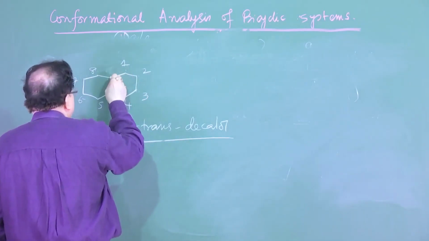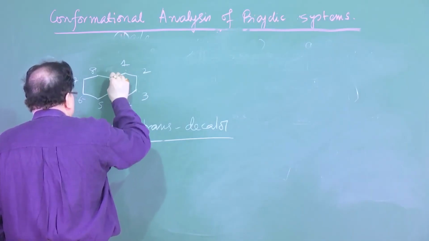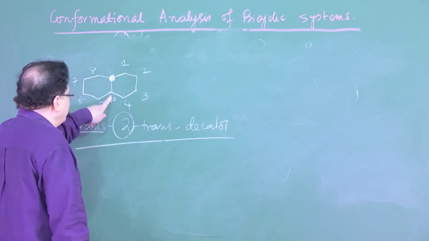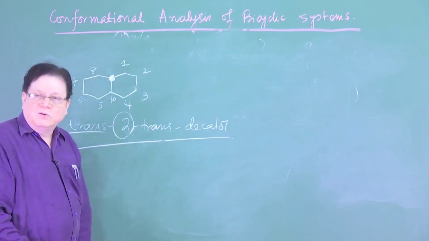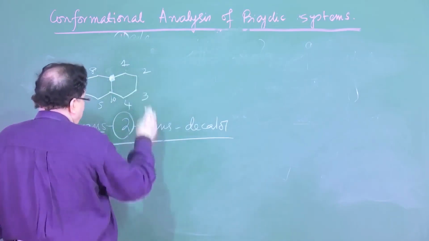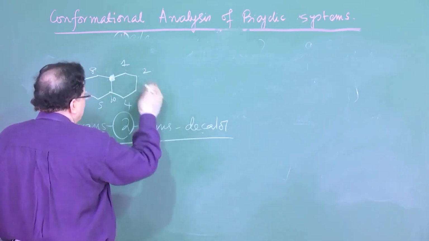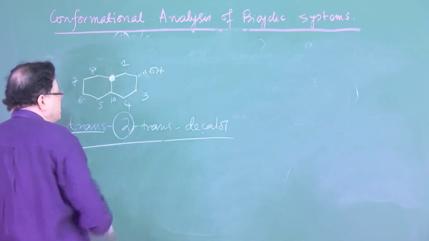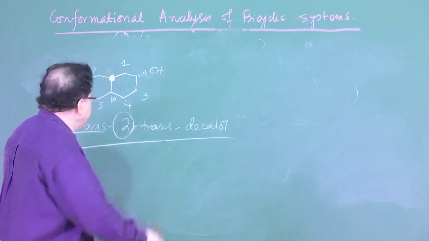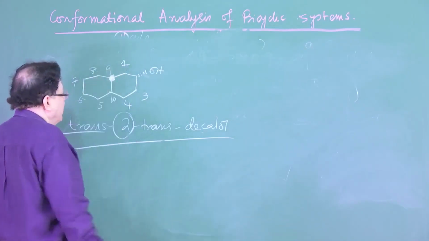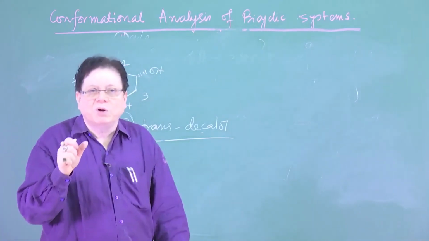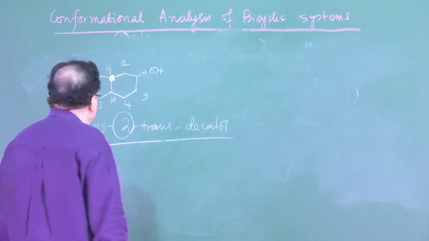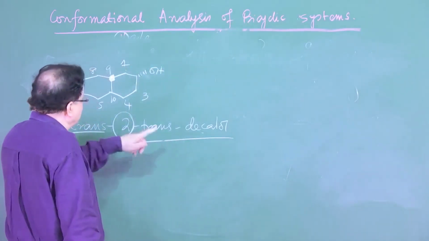I can make it bold and leave the other one, because that is a trans Decalin. Because it says trans decalol, this wedge has a trans relationship with the nearest ring fusion bond. In this case, it is a hydrogen. So, this is trans to trans decalol.